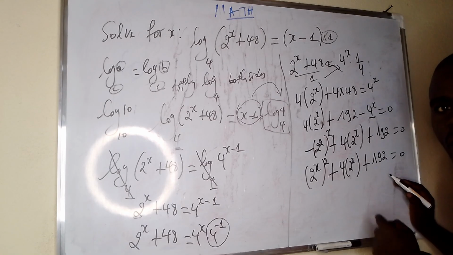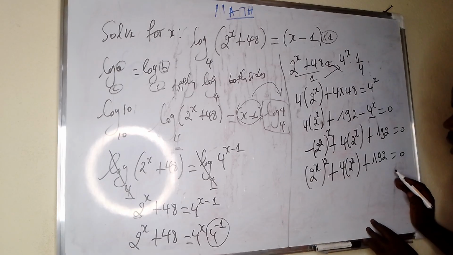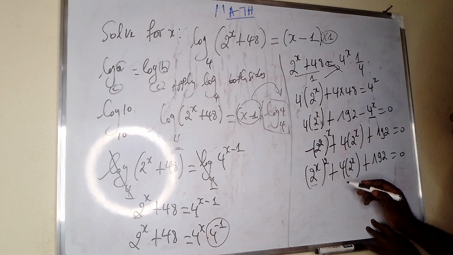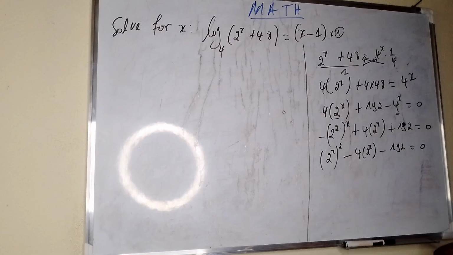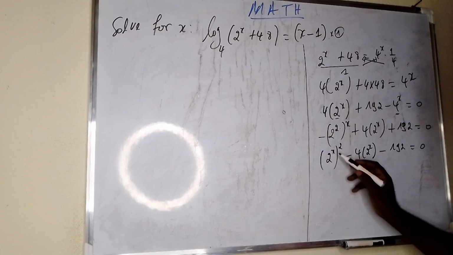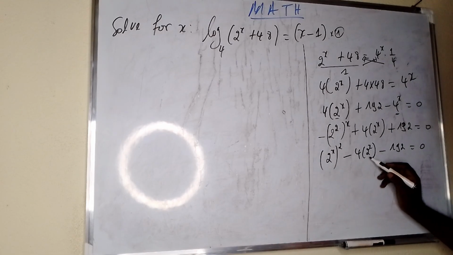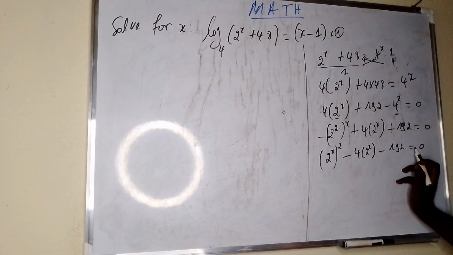Then, when you look at this one, we see that this is this one with the square, and this one is the same as this, and this is a constant. This is 2 power x power 2 minus 4 times 2 power x minus 192 equal to 0.